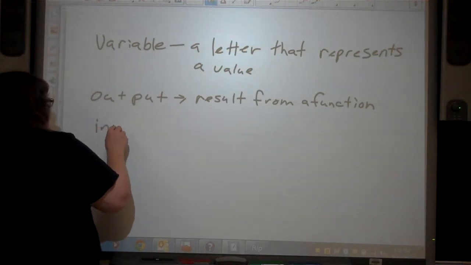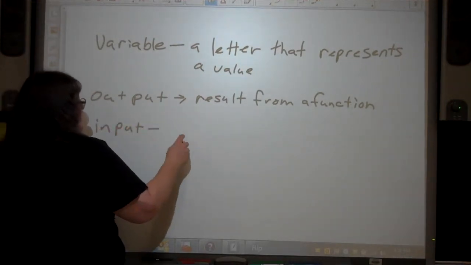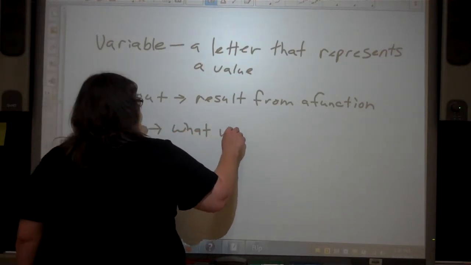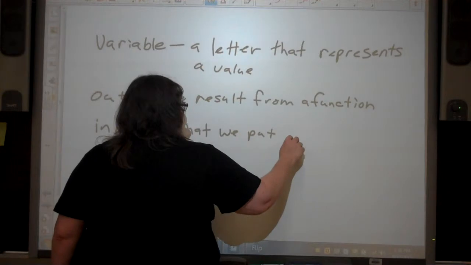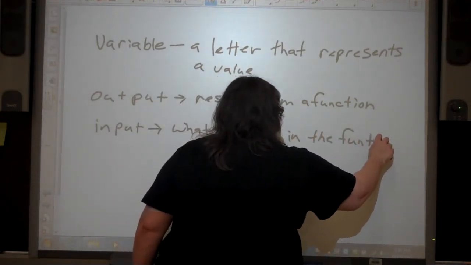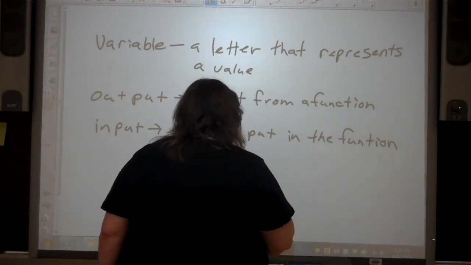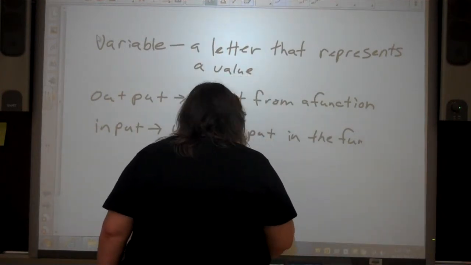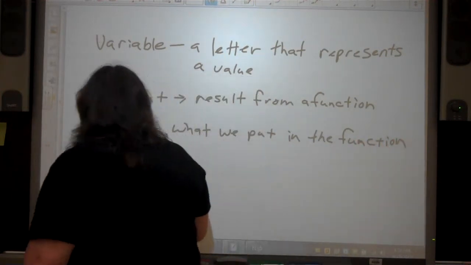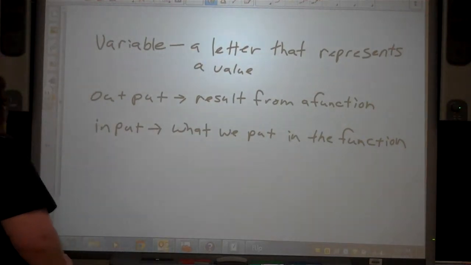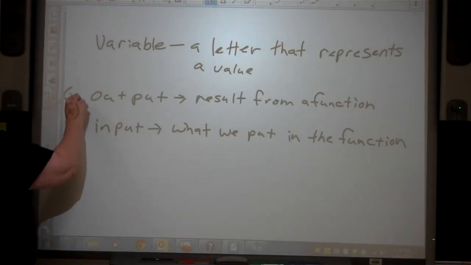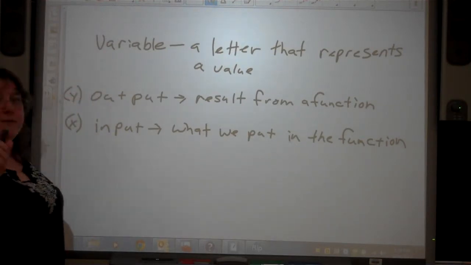And the opposite of output, we have the input, which is what we put in the function. Okay, so we have input and output that we're going to be talking about. Usually, we consider the input an x value and the output a y value. Okay, that's going to be important.